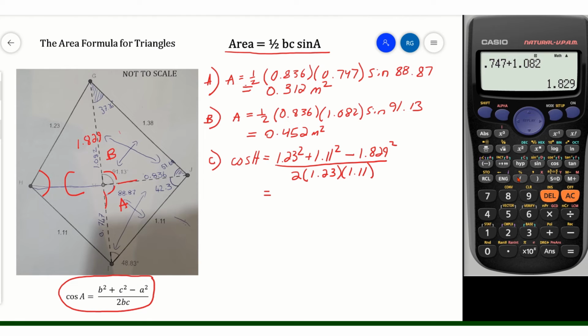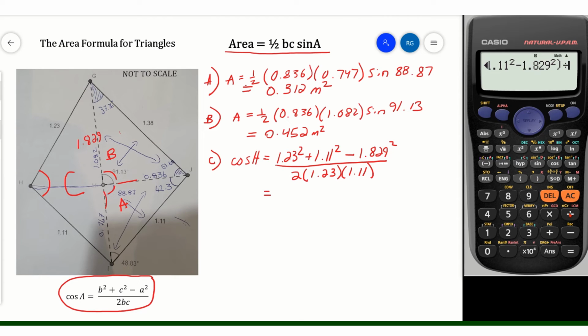All right, and now we're just going to go to the calculator and do this calculation. So I'm going to put everything in the numerator in brackets so that I can then divide by the denominator. So we've got 1.23 squared plus 1.11 squared minus 1.829 squared. And then I'll hit the bracket to finish my numerator.